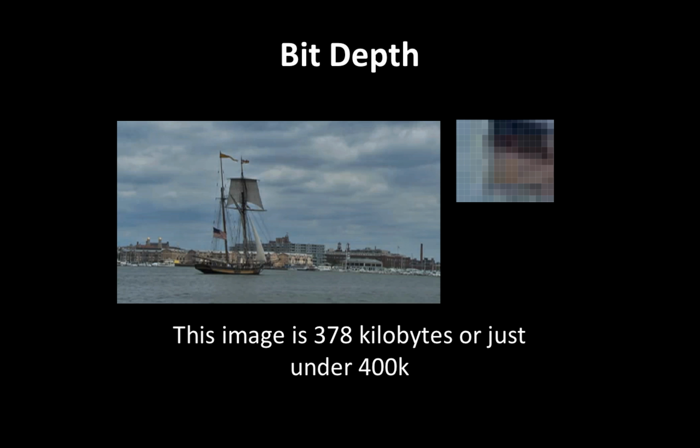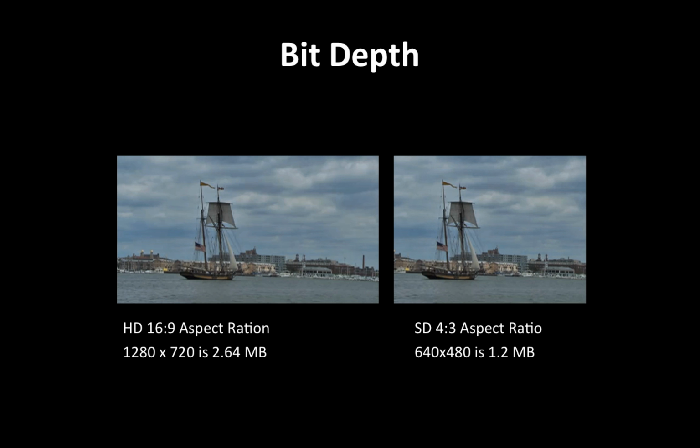file size is the aspect ratio. And so if you look at an HD image on the left, you see that the aspect ratio is 1280 pixels by 720 pixels. So that's for high definition.